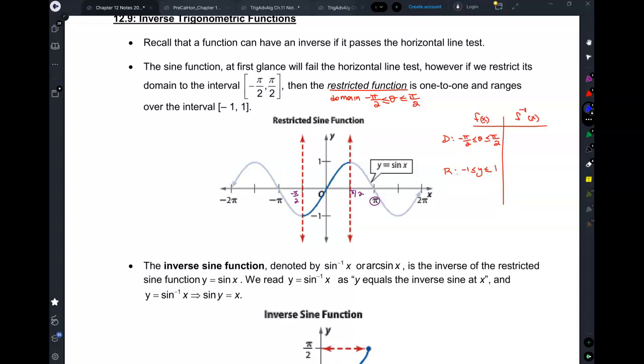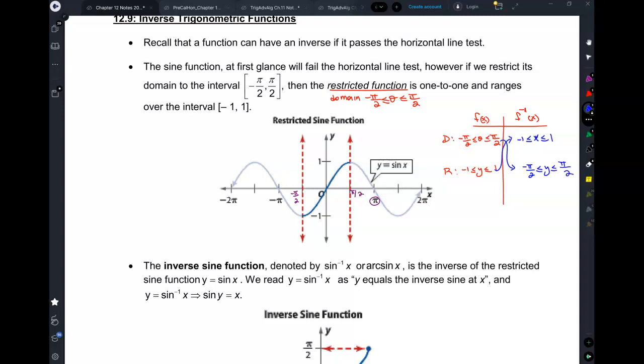So now, if you have the inverse function of this, then these things get swapped. So the domain for the inverse becomes negative 1 to 1, and the range becomes negative pi over 2 to pi over 2.